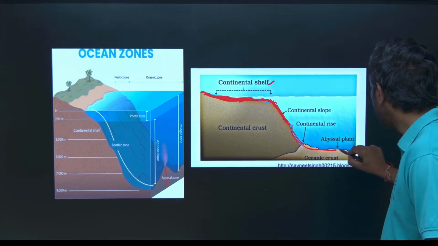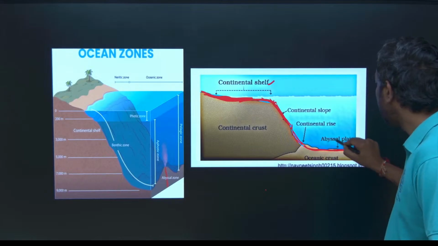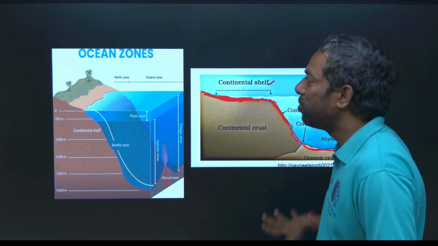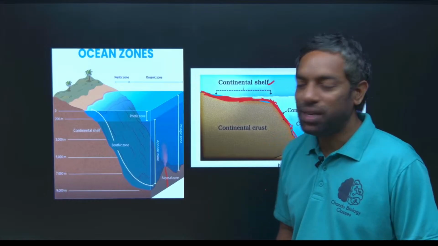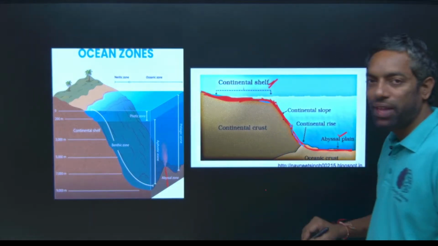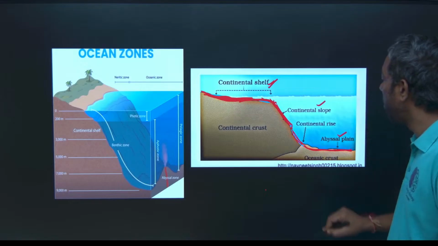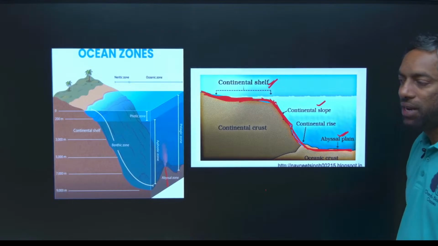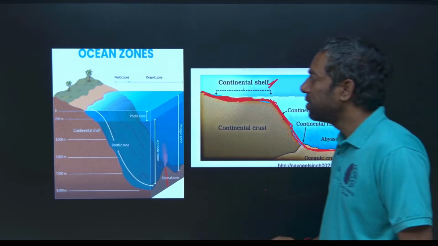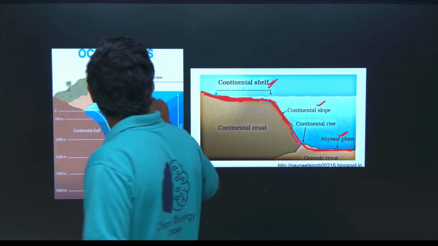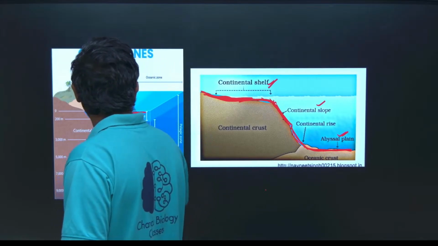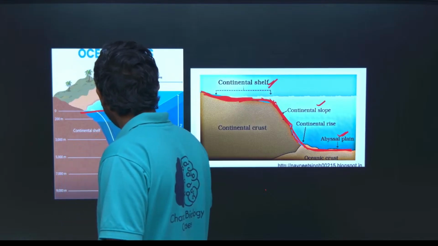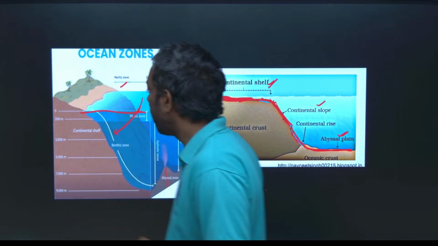The last area of the ocean is the abyssal plain. This is the most important. They can ask you, guys: first the continental shelf, after that the continental slope, after that the continental rise and the abyssal plain. The photic zone means the sunlight can reach here, up to the continental shelf, about 200 meters.